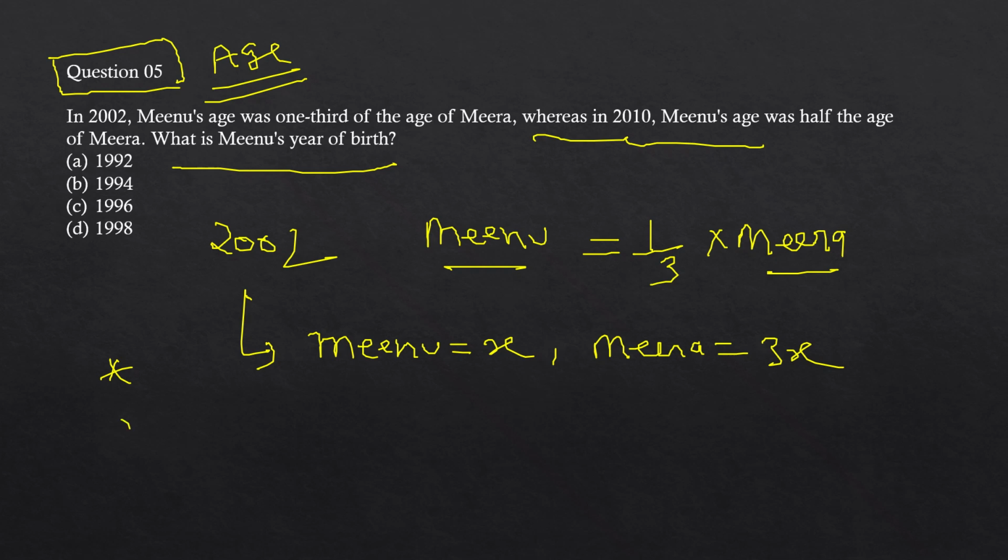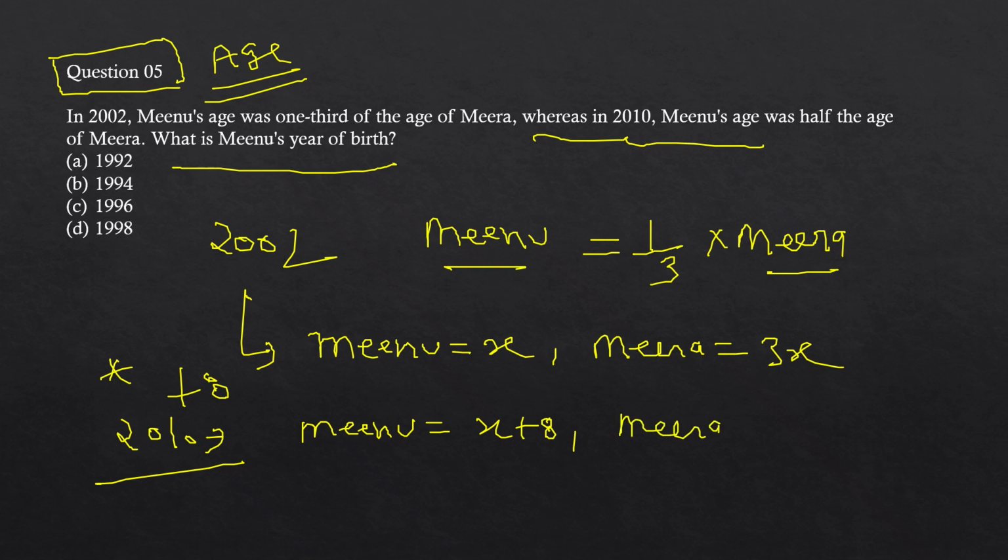Now move to 2010, which means we are adding 8 years. So in this case, Minu's age is x plus 8 and Mira's age is 3x plus 8.